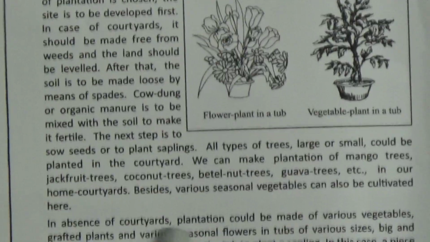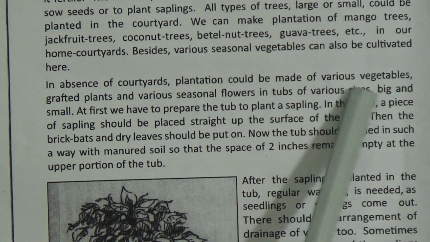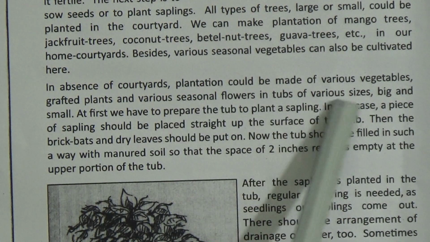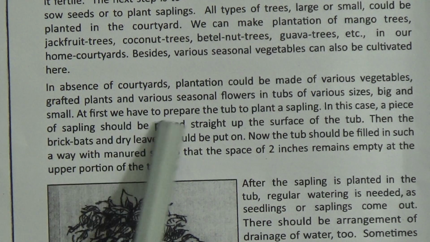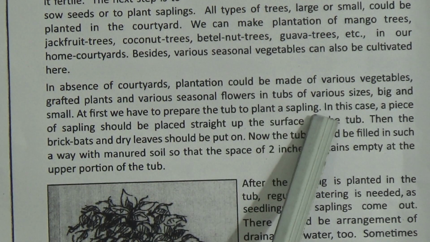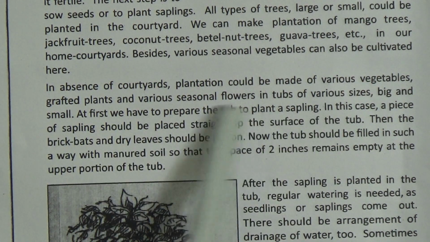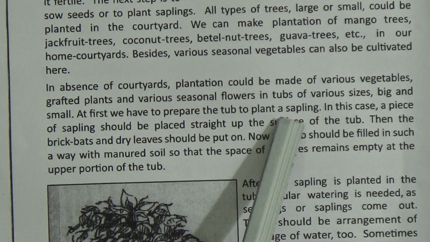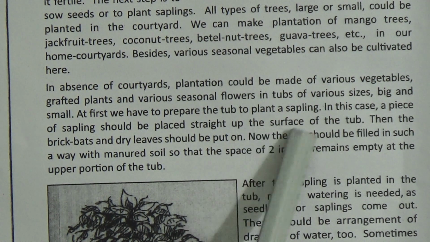In the absence of courtyards, plantation could be made of various vegetables, grafted plants and various seasonal flowers in tubs of various sizes, big and small. At first, we have to prepare the tub to plant a sapling. In the same way, you have to prepare a tub if you want to plant some plants in it.